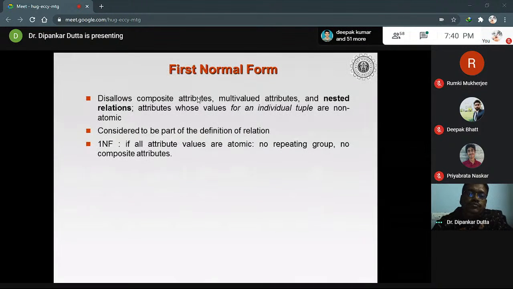If you just put name, we have to put three values, so we should not do that. We have to use first name, middle name, and last name, so that every cell contains an atomic value. So disallow composite attributes, and divide the composite attribute into simple attributes.